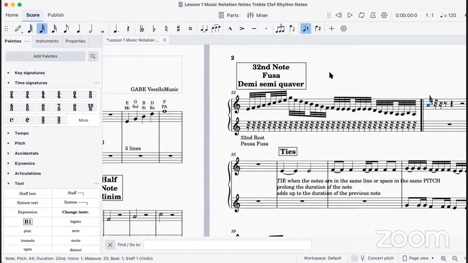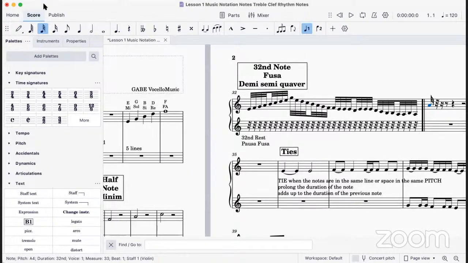This information you can find in Muzio Clementi, The Art of Playing the Piano, in the preface. I do not know exactly what page, let me just find it here, sorry.